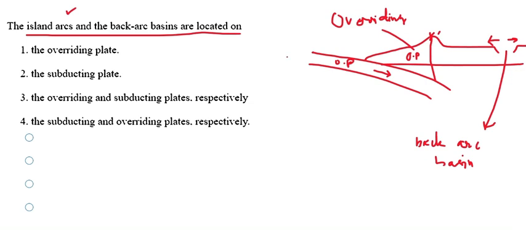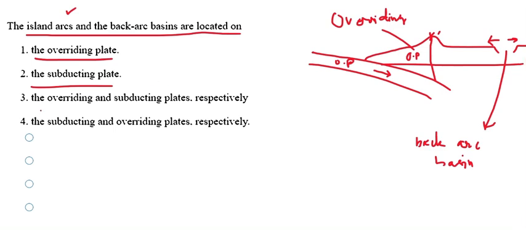Okay, so now we will go with the options, which is the right option. The first option is the overriding plate, okay, that option is right, and the second option is subducting plate. Yes, one plate is subducting and the other plate is overriding.